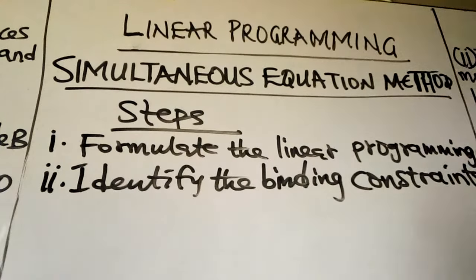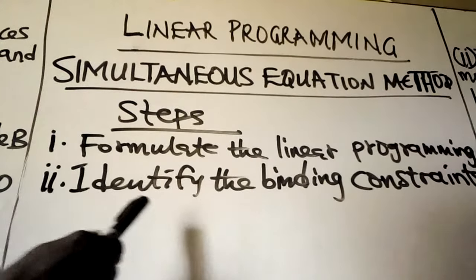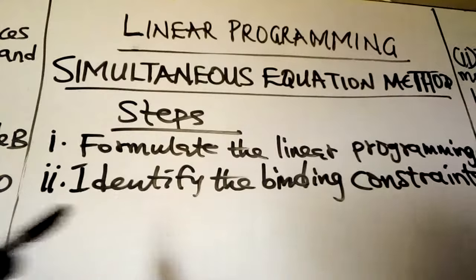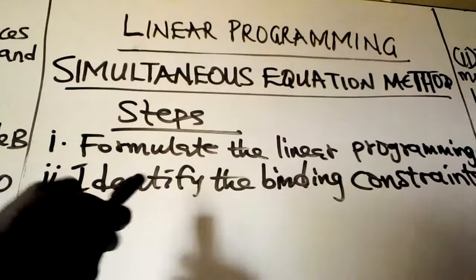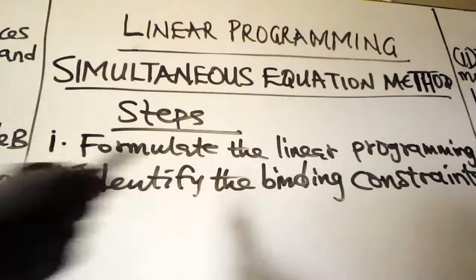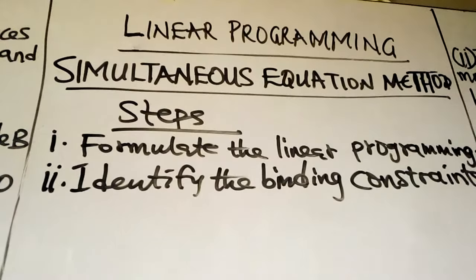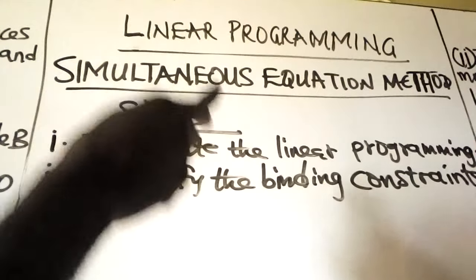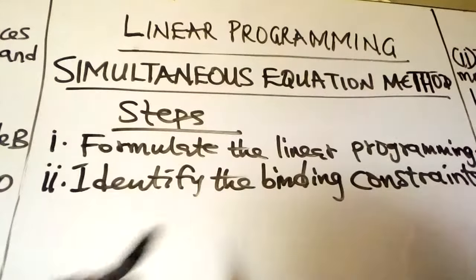I said the binding constraint is the constraint in which the optimal solution is on the line of the constraint. The binding constraint can also be called an equality constraint.